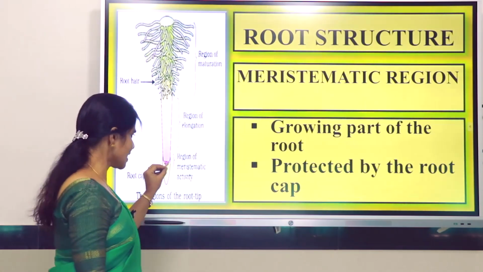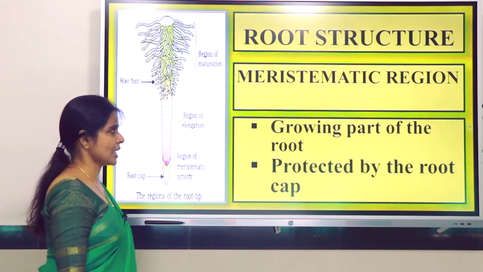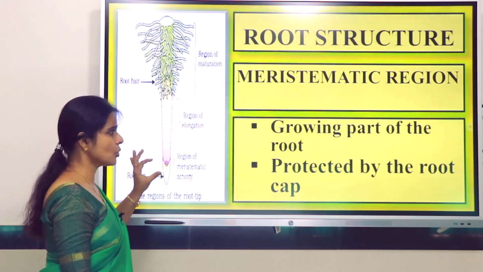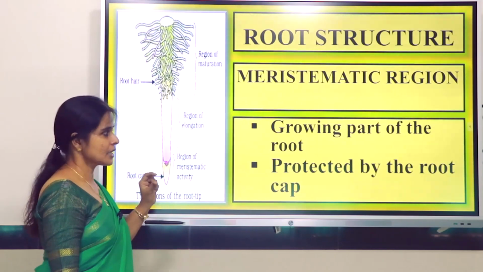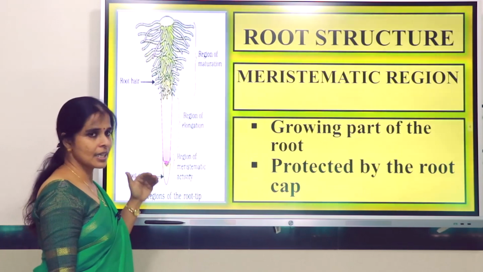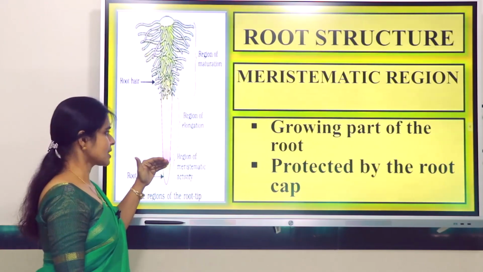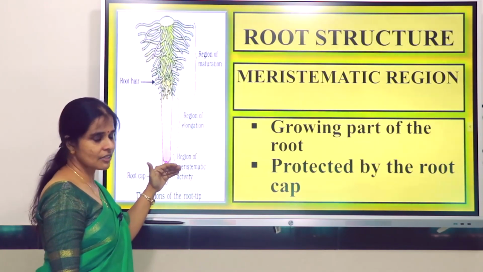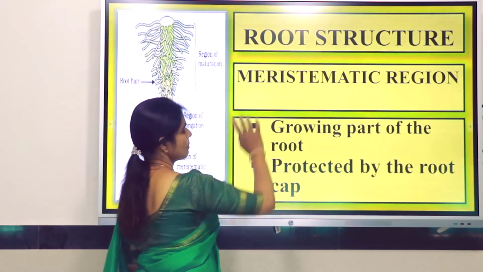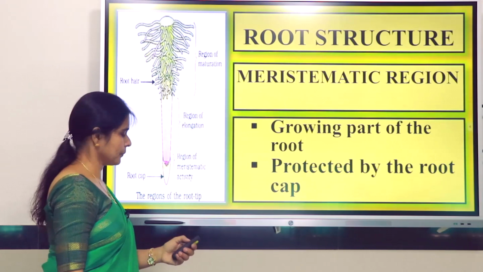That is the first region where growth takes place. Mitotic divisions take place there, and the cells are doubling. The region where cell division takes place is known as the meristematic region.